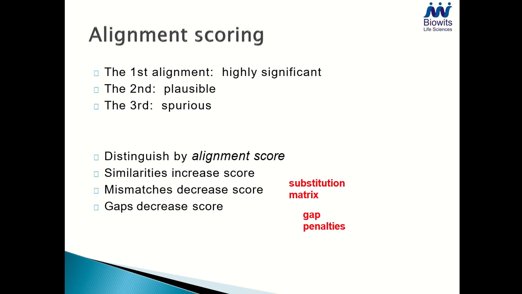Second, plausible. And then, another alignment, yung scoring niya sa pangatlo, there is this word spurious. Okay. So, ano pong ibig sabihin ng word na spurious? Okay. So, let us consult the dictionary.